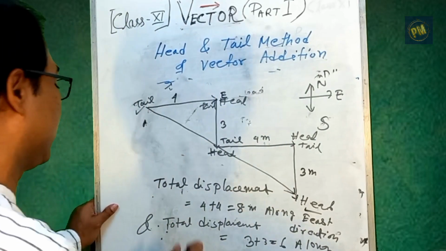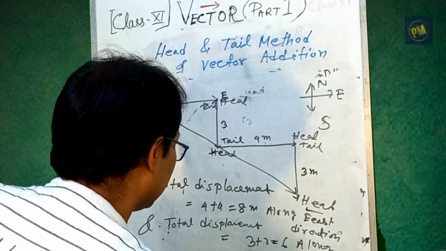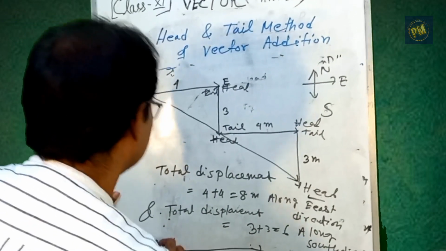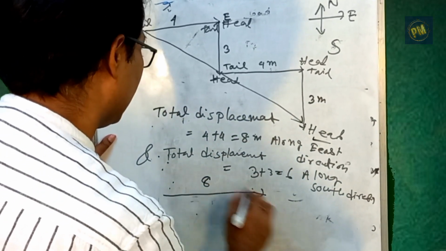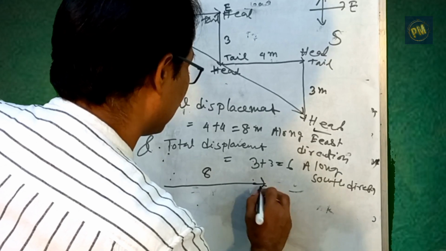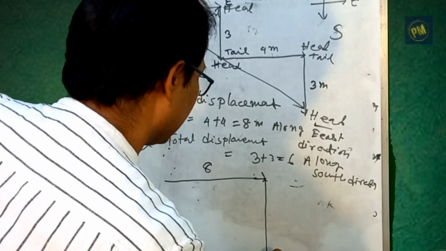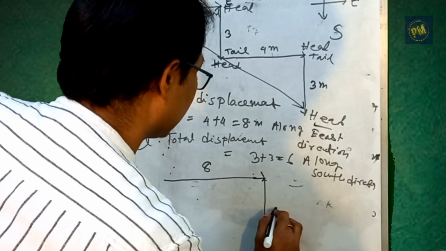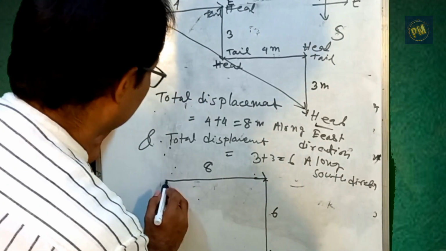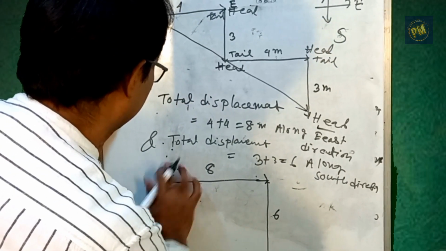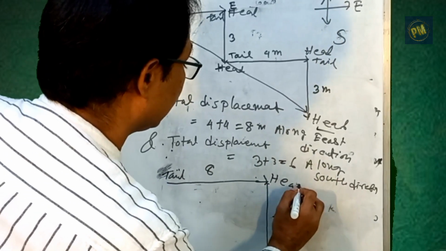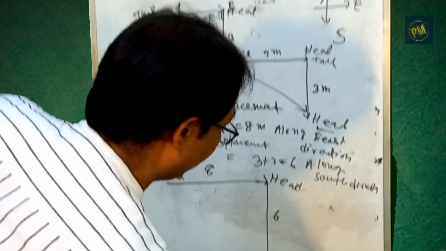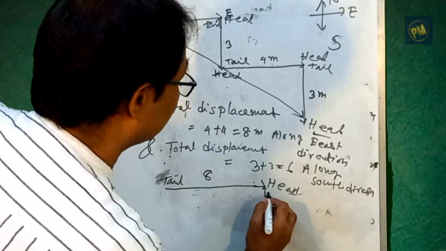So how can you find out the resultant? Take 4 plus 4, 8, along the east direction total, and along the south direction total 6. So this is the tail of the first vector and this is the head, and this is the tail of this vector having 6 value.